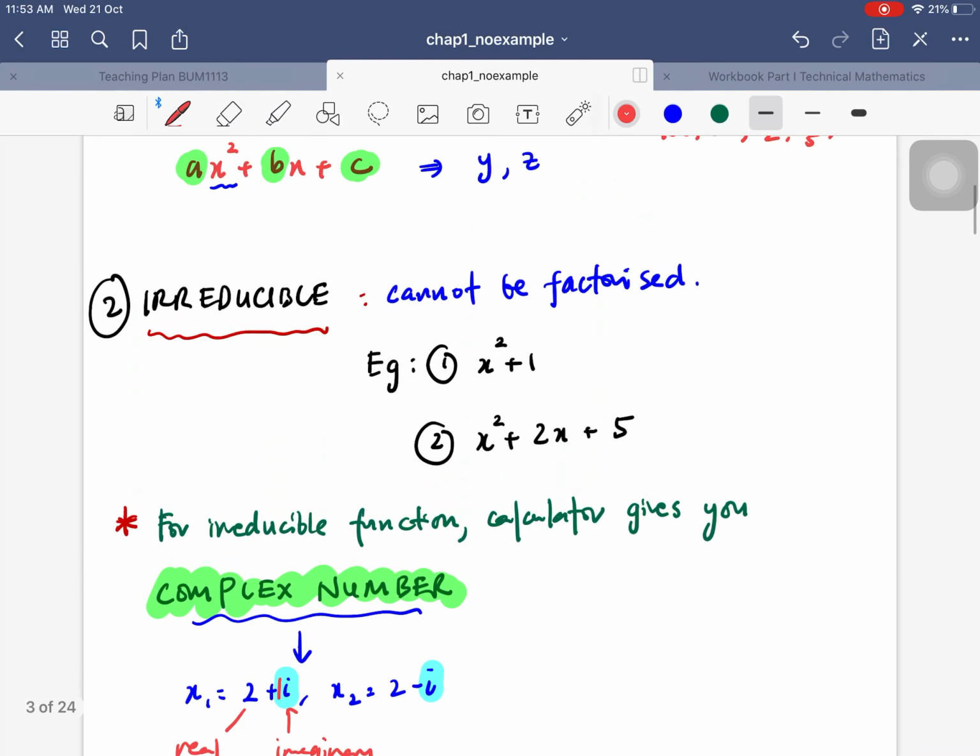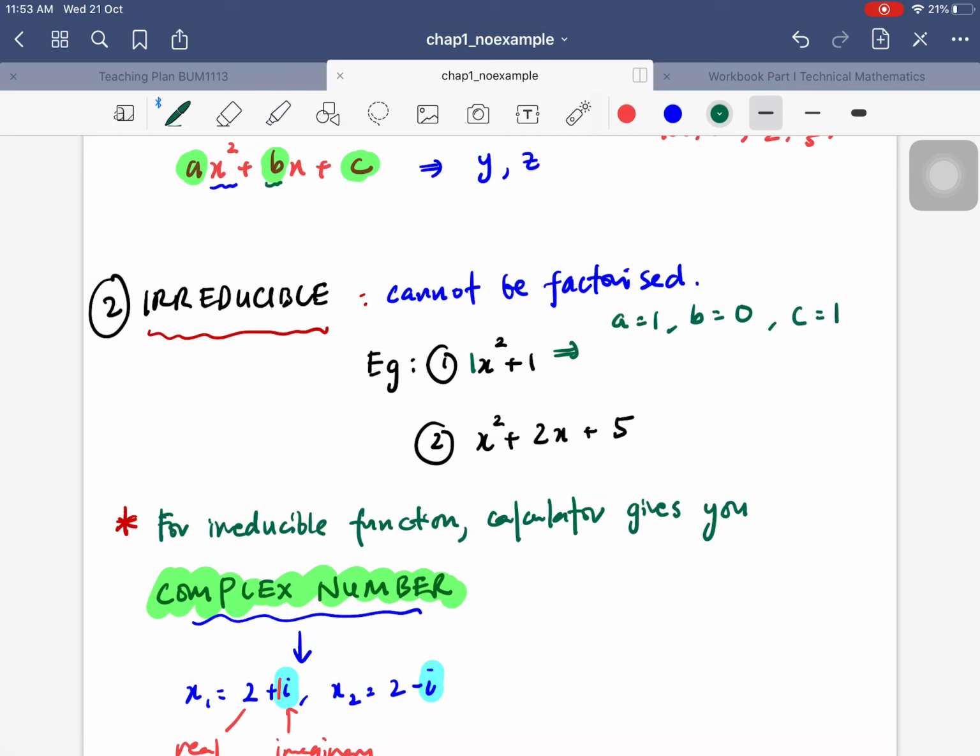And if I were to refer this to these two examples, how are these irreducible? When I have x squared plus 1, I plug it into my calculator. I write that A is going to equal 1 because this is 1x squared. B is going to equal 0 because for x, I don't have x to the power of 1.